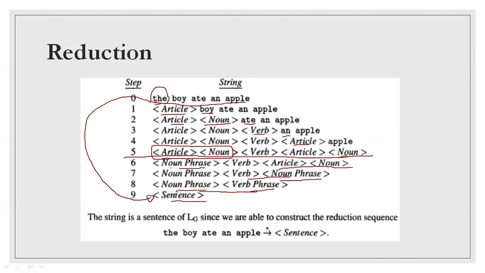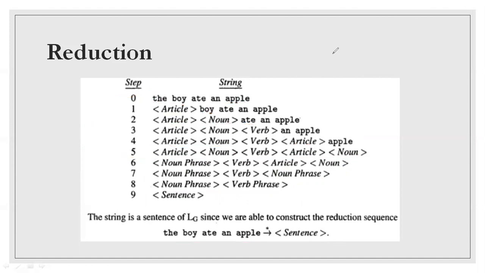So this is called as reduction. It is simple. You have to try one more time on your own. Write a grammar, then take a sentence and try to reduce it.